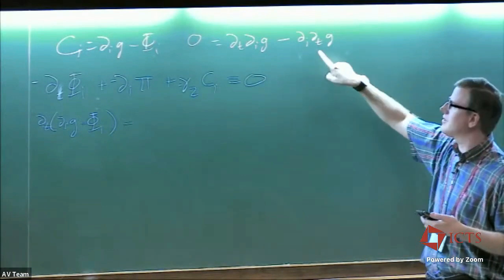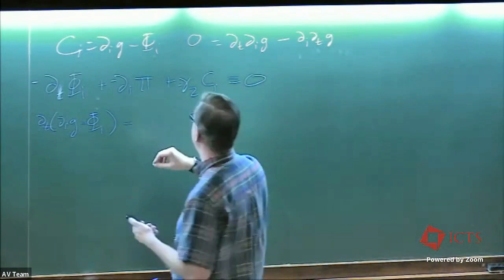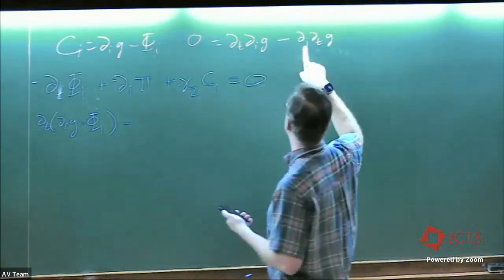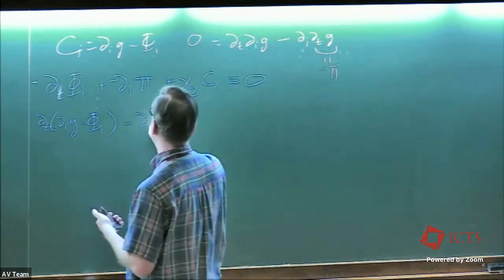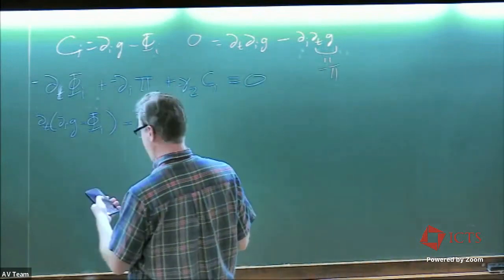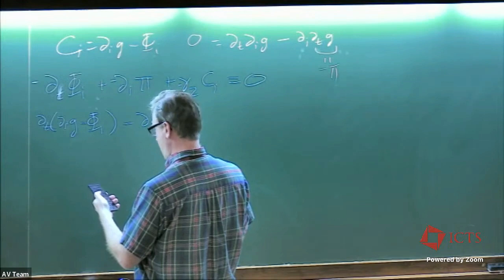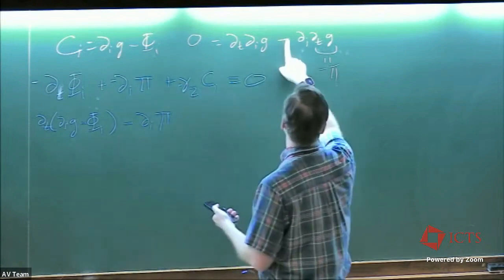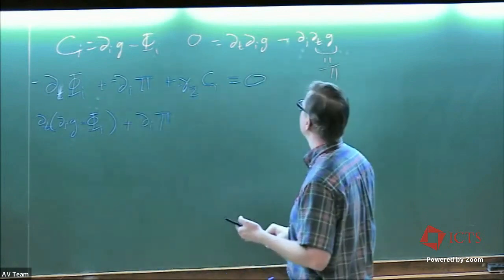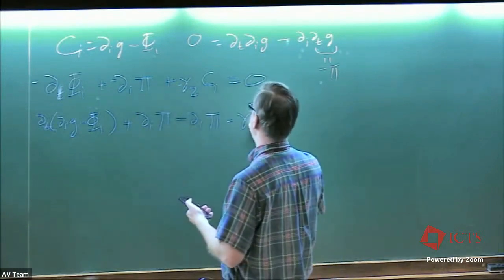I defined it over there. Partial t g is minus pi, yes. So now, since I have minus partial i, and this is minus pi, I can just write this as minus partial i pi. Okay. I think I dropped a minus sign because there's a minus sign here and there's a minus sign here, so that's plus. And now let's finish the rest of the equation. Minus partial i pi minus gamma 2 Ci.